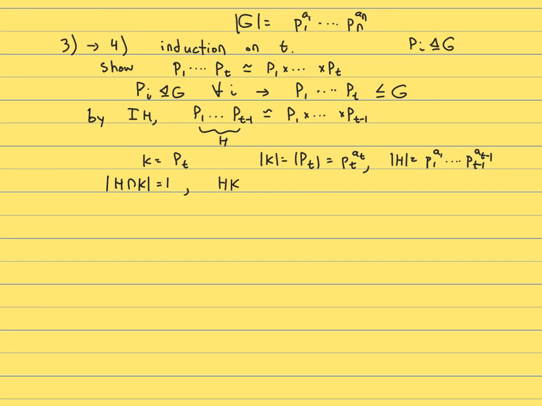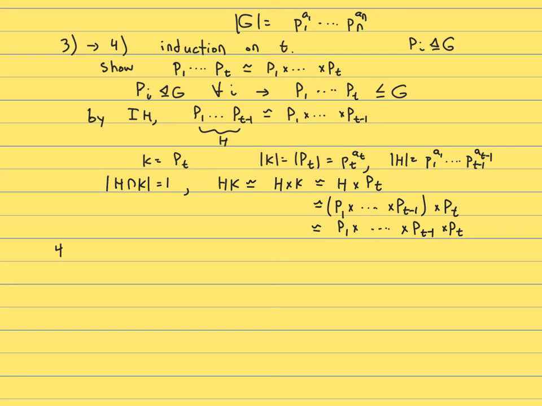And so, by the theorem about direct products, HK must be isomorphic to the direct product of H and K. And then using the induction hypothesis, we can replace H with this direct product of t-1 groups. And finally, you can drop the parentheses. And so there you have it.